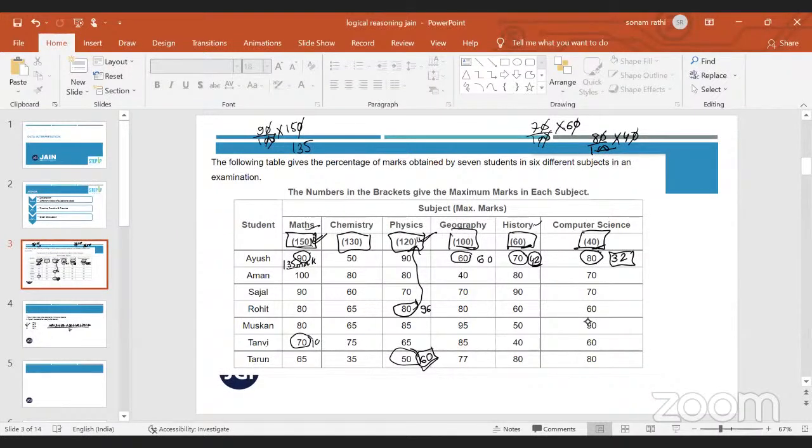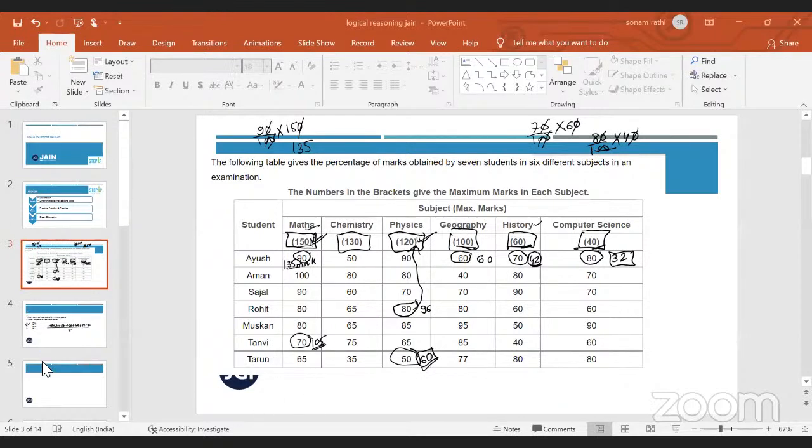So it means Tanvi got 105 marks in maths, out of 150. Got it now? Now did you understand the table? Read the table. The following table gives the percentage of marks obtained by 7 students in 6 different subjects in an exam. So these are the percentage marks given to you.